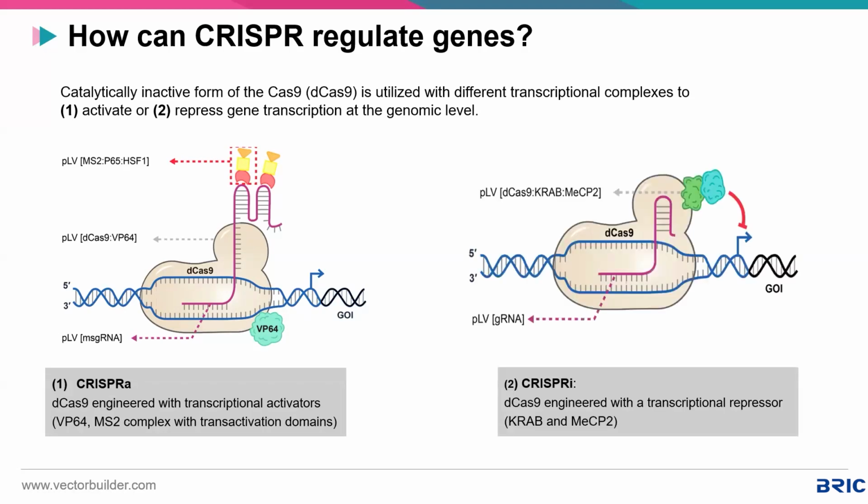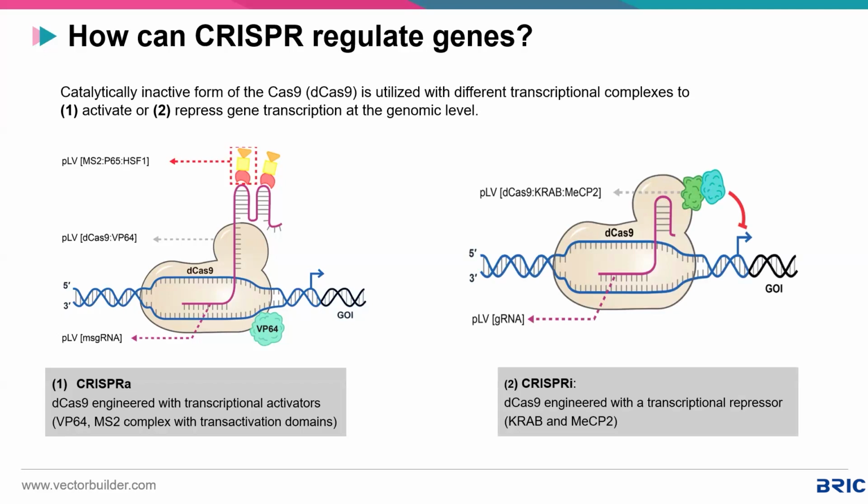On the contrary, there's CRISPRi, where the inhibition happens, where Cas9 is fused with transcriptional repressor complexes, KRAB and MeCP2. So when the Cas9 guide RNA complex is localized to a specific site, and that includes recruitment of repressor complexes, there is repression of the downstream gene.